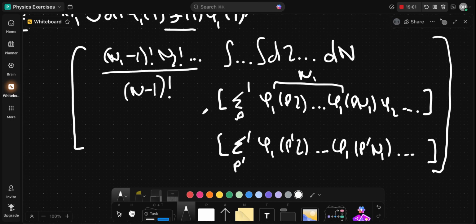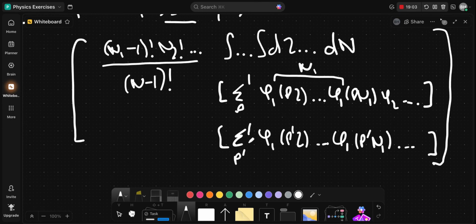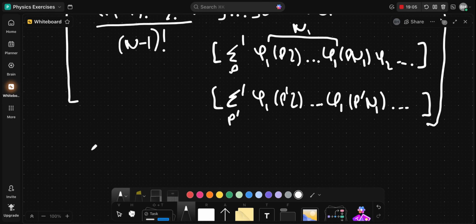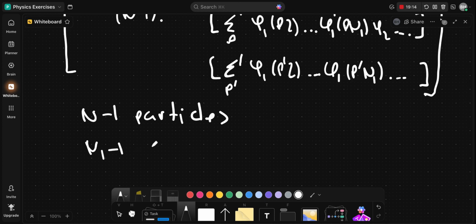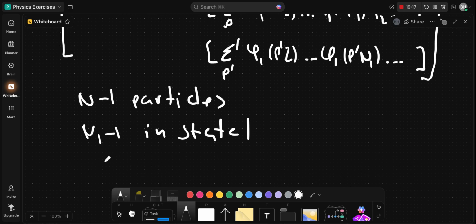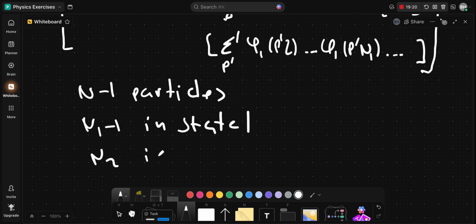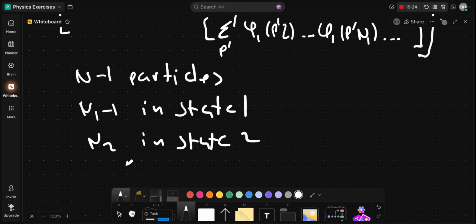But in any case, what I want to emphasize now is that this is the normalization constant for n minus 1 particles, with n1 minus 1 in state 1, and n2 in state 2, and so forth.